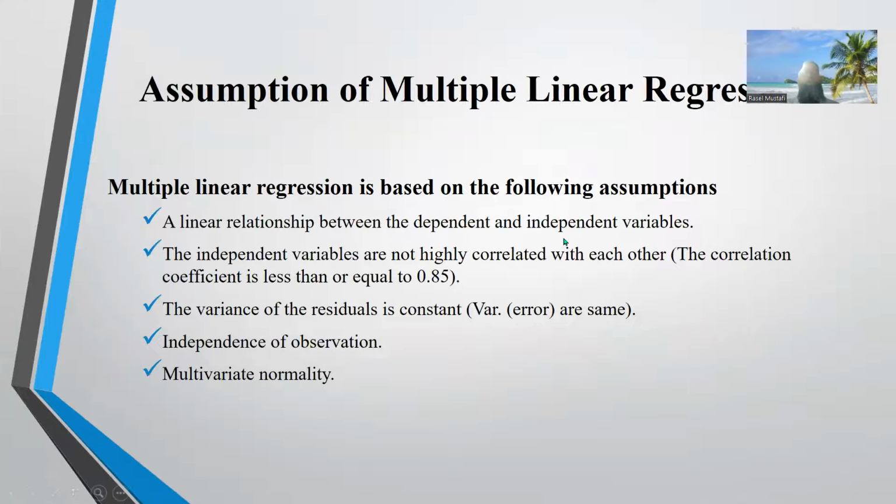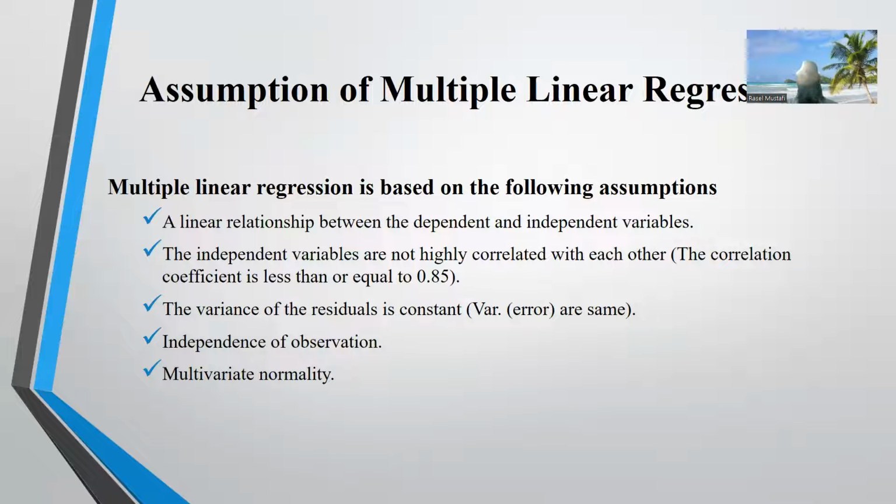These are the assumptions of multiple regression analysis. Multiple regression is based on the following assumptions. Number one, a linear relationship between the dependent and independent variables. Second, the independent variables are not highly correlated with each other.